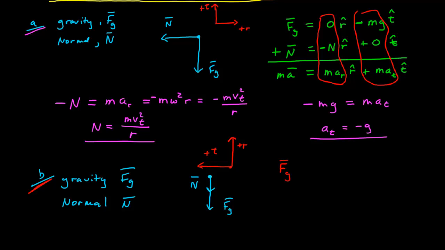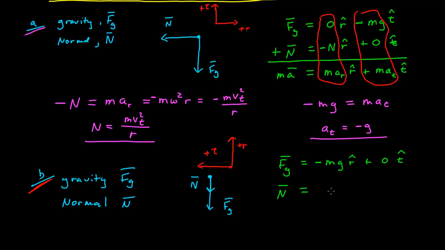The force due to gravity for point B has the entirety of its magnitude along the negative radial axis, and nothing along the tangential axis.